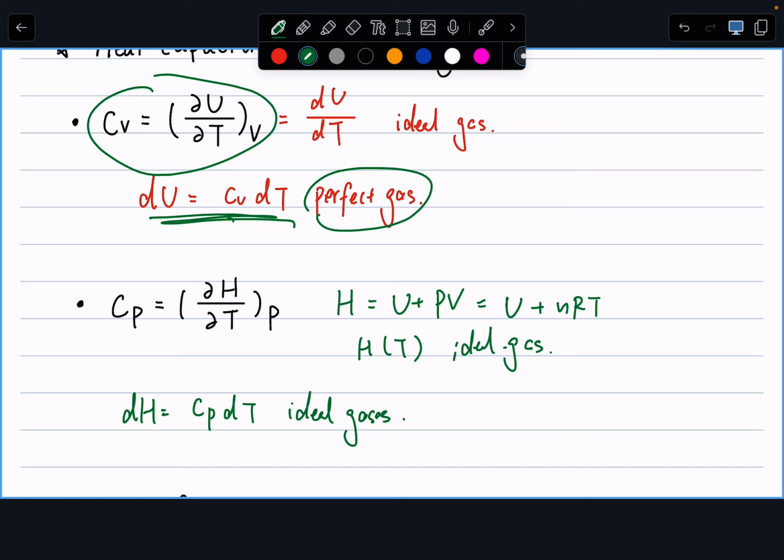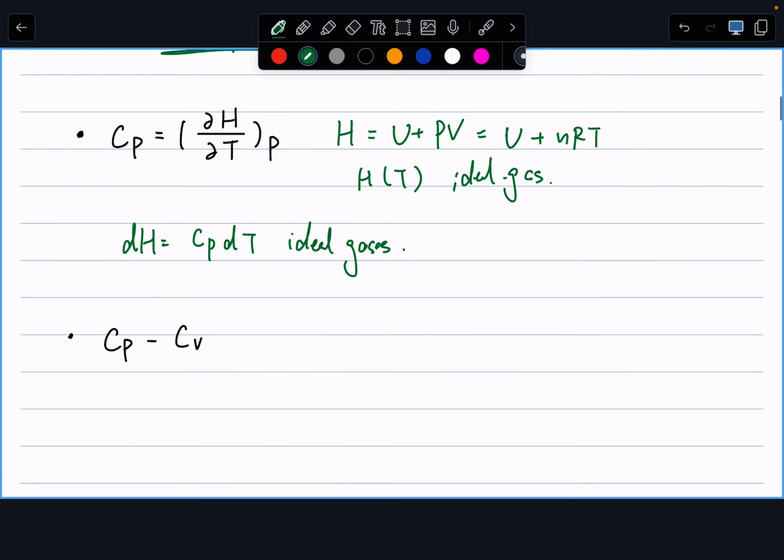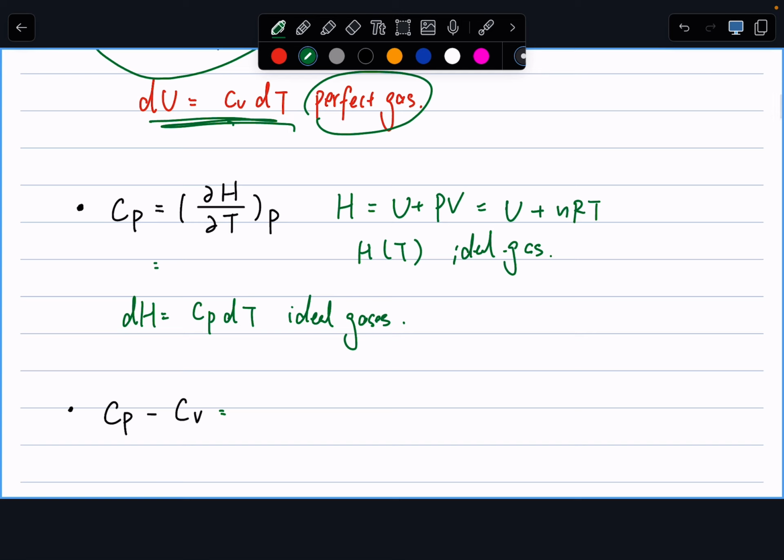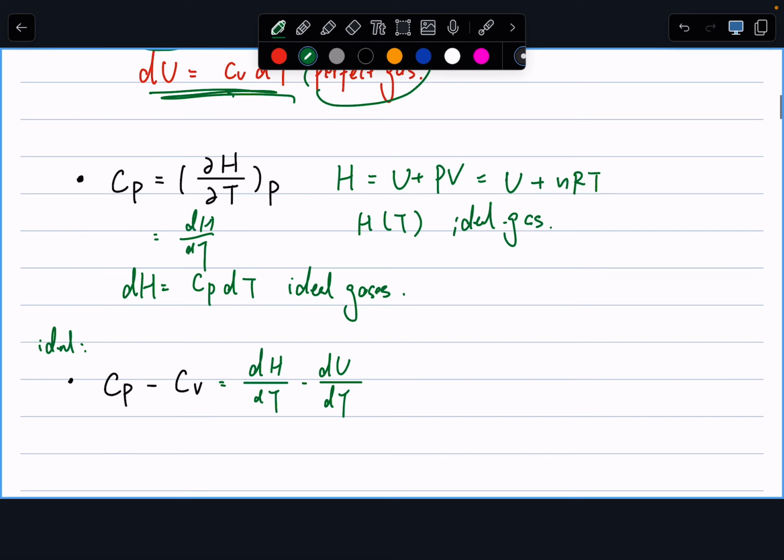Now, with these two new expressions, what else can we do? In our last lecture, we went over a derivation of, in general, the difference between your two heat capacities, Cp and Cv. Let's do that for an ideal gas using two different ways. Thinking about Cp minus Cv, using what we did today, Cp equals dH over dT, minus Cv, which equals du over dT for ideal gases.